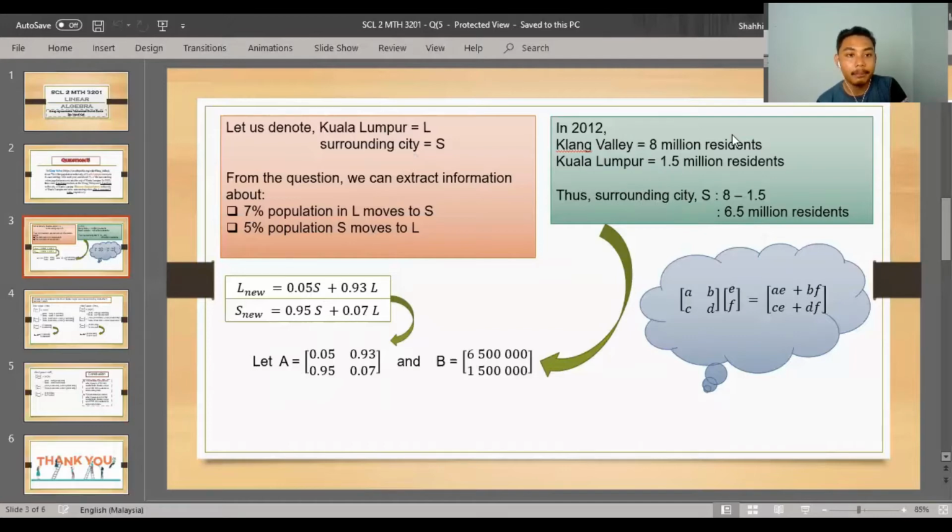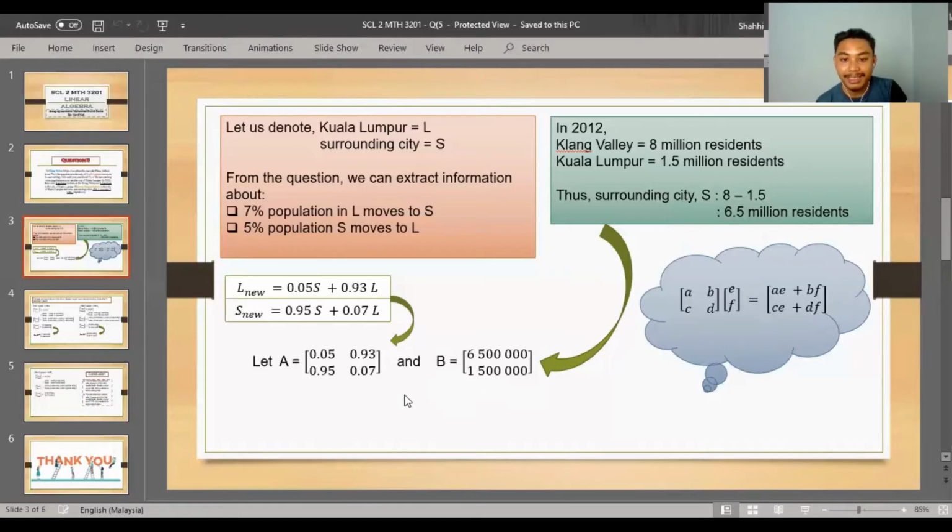From this information, we can create a new matrix, matrix B, which is 6.5 million for the surrounding cities, and 1.5 million for the population in Kuala Lumpur.